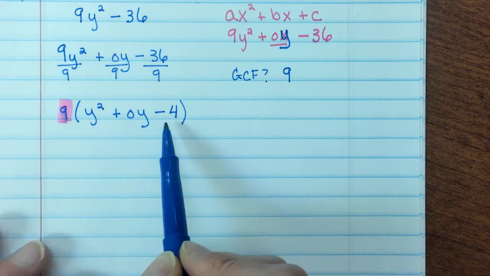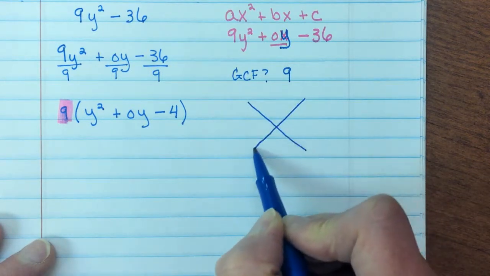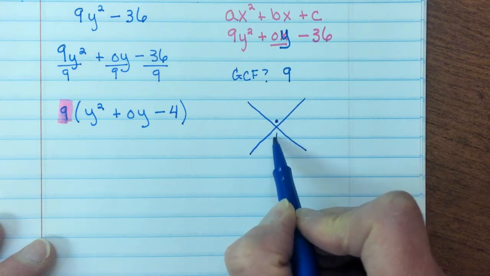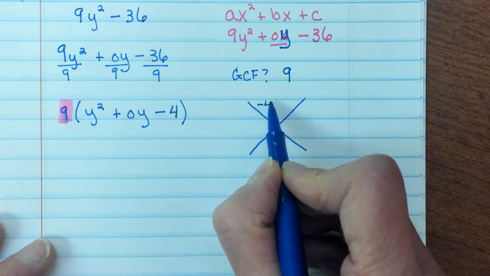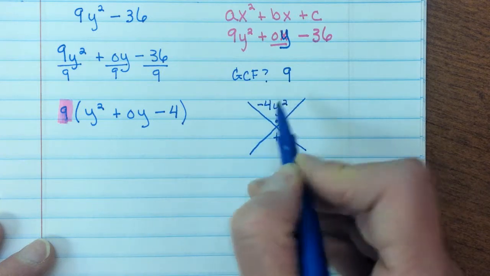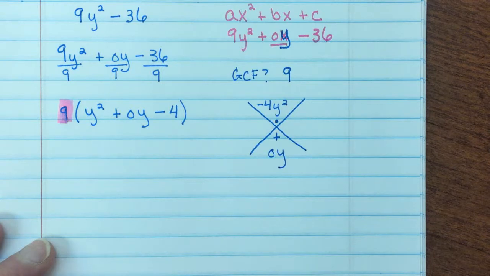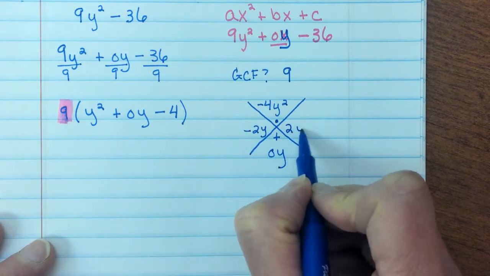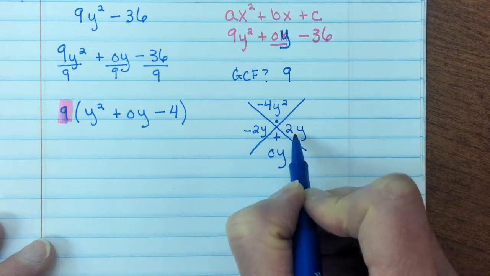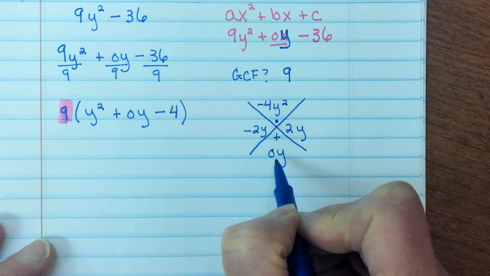I already took out the greatest common factor, so I'm just going to go to my x. The last and the first multiply together, negative 4y squared, and my center is 0y. So that means that if I do negative 2y and 2y, this times this gives me the top, this plus this gives me the bottom.